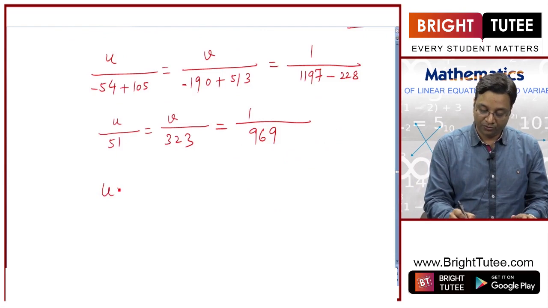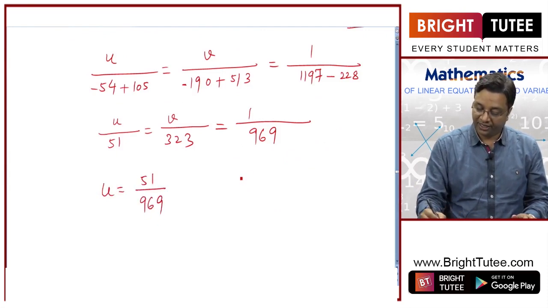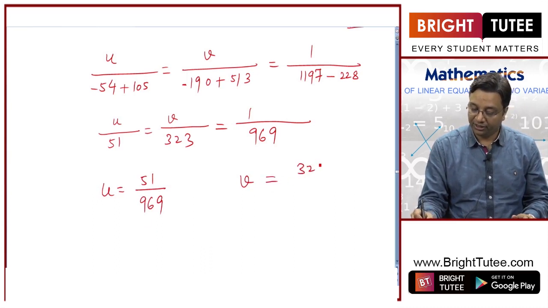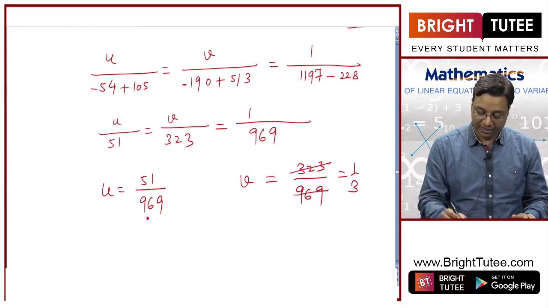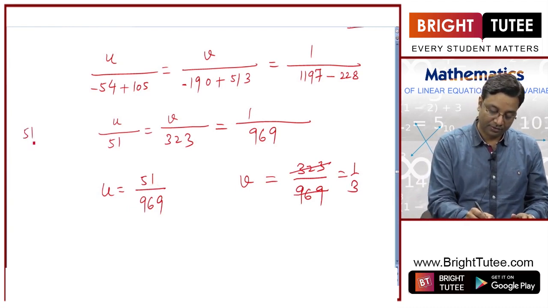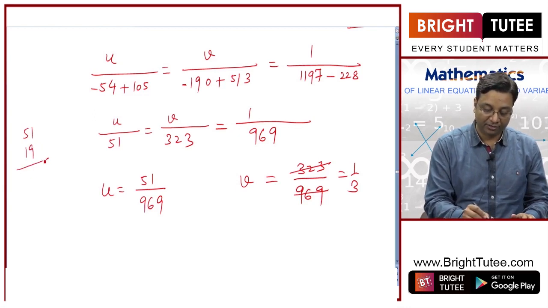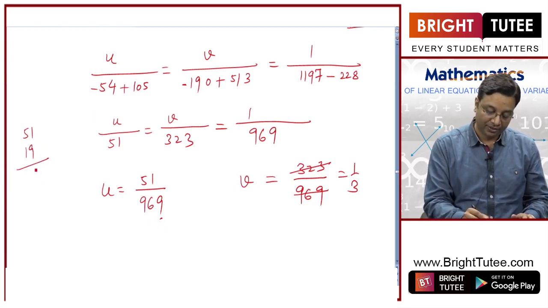Now value of u will be equal to 51 divided by 969 and value of v will be equal to 323 divided by 969. Now this is simple, this is 1 by 3 and this will be equal to, if you multiply 51 by 19, let us try with 19 because the last digit is 9 here.